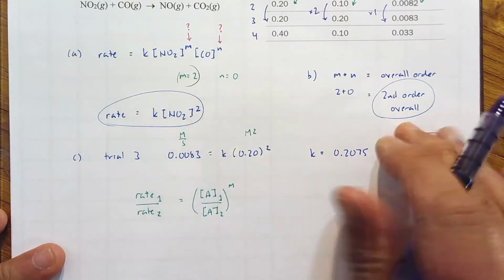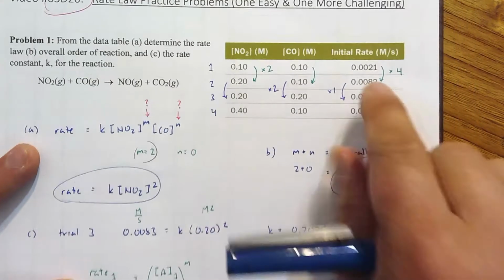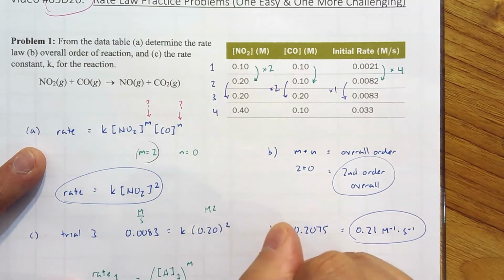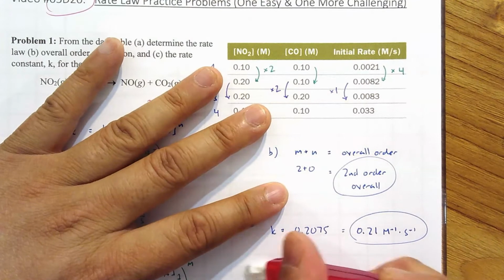So again, I typically want the bigger number on top, the bigger rate. So I am going to go rate 2 over rate 1. Why don't we just plug in numbers?